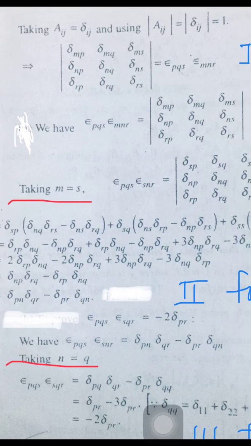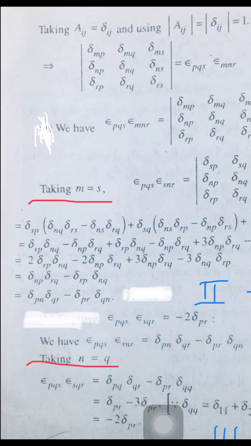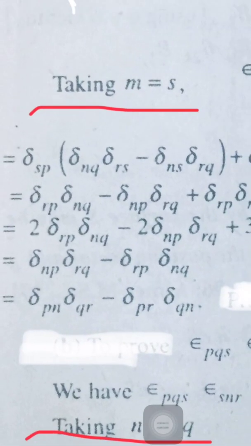So after opening this, we get epsilon PQS, epsilon SNR is nothing but delta PN, delta QR minus delta PR, delta QN.